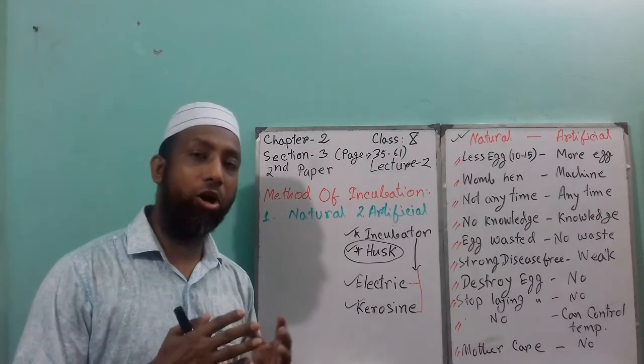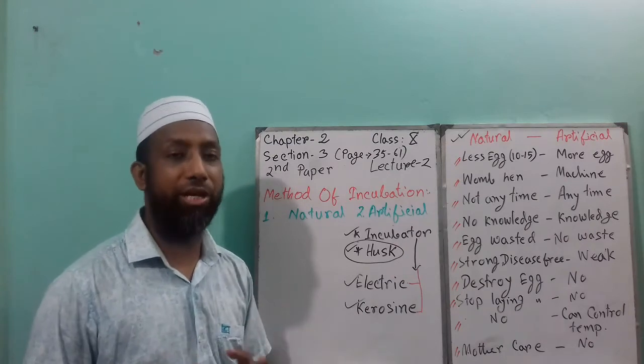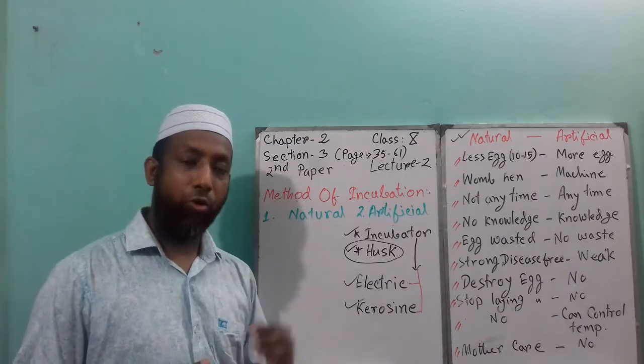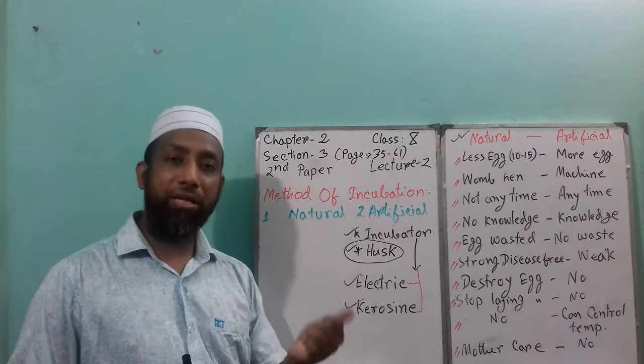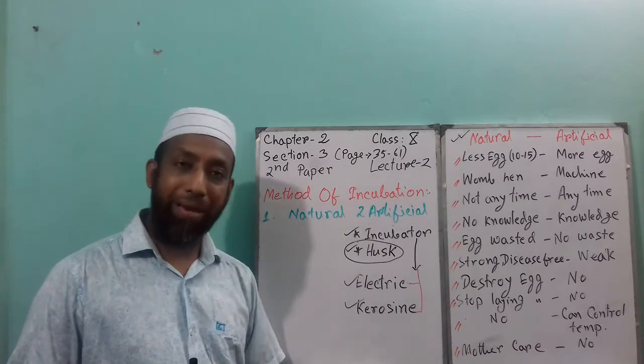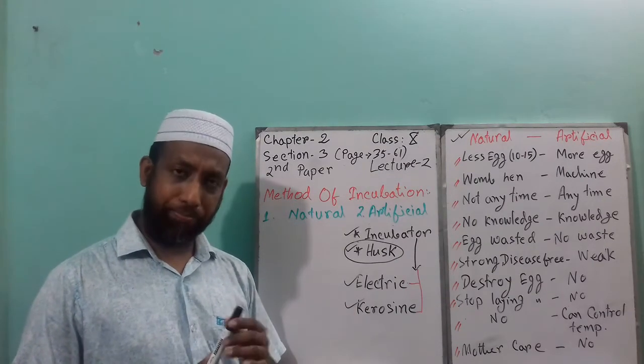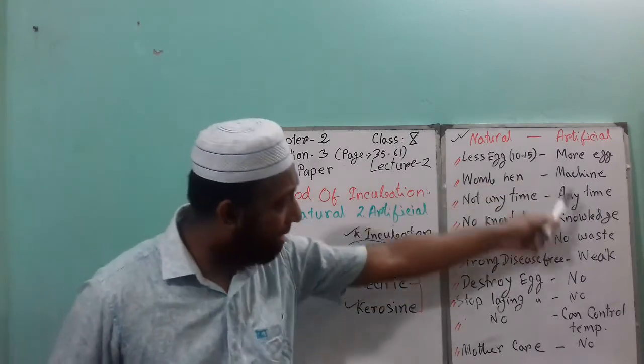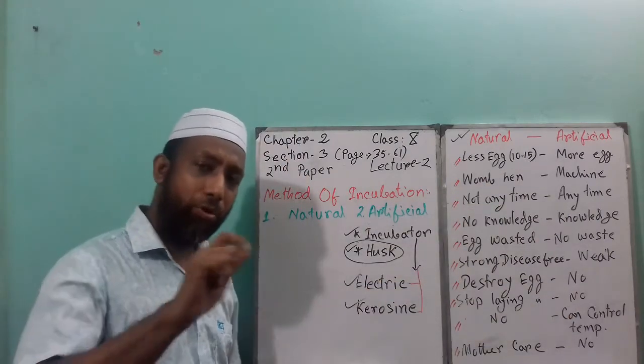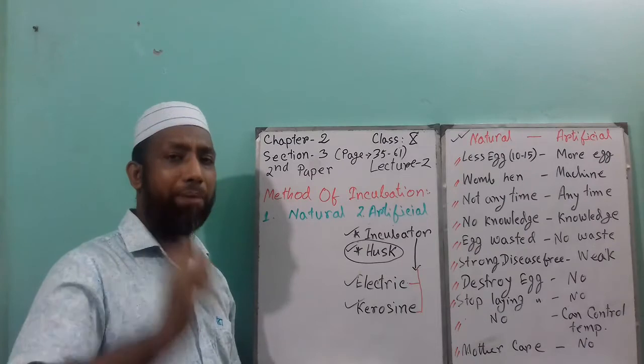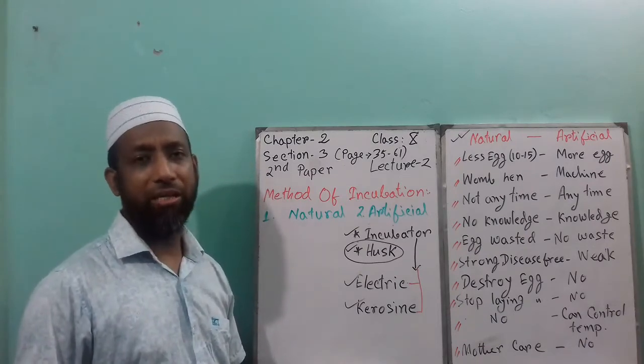It works like a microwave machine. In a microwave, we set the time, the temperature, everything. The same thing happens in the artificial method. You just operate the machine, press the button, and it will work automatically.